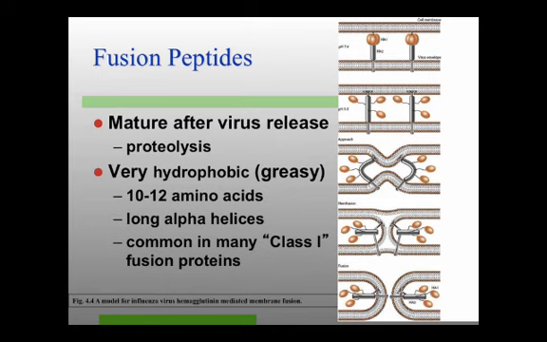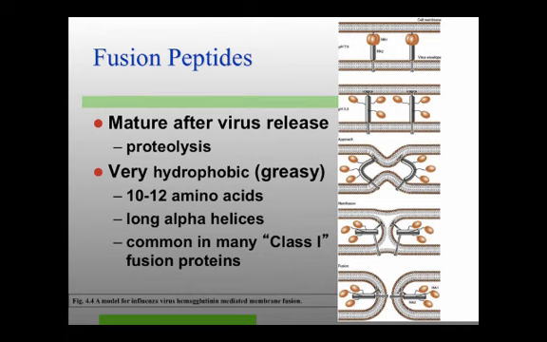Might want to remember what the hydrophobic amino acids are. Hint, hint. And then they have these long alpha helices that are often not ordered before the interaction of these two things with each other. These are the so-called class 1 fusion proteins. So it's the conformational change, once you've inserted into the membrane, that pulls these two membranes together and eventually causes complete membrane fusion to take place.